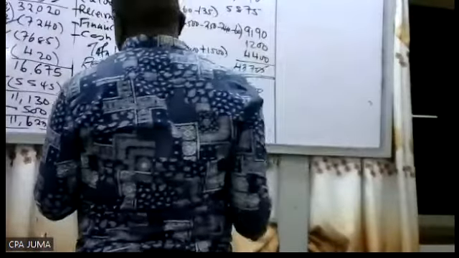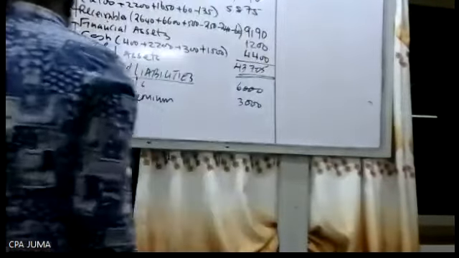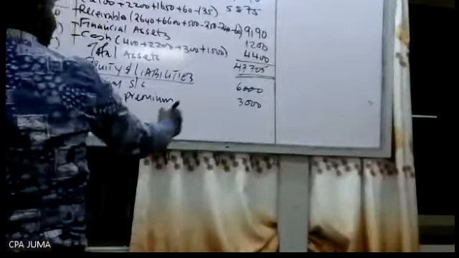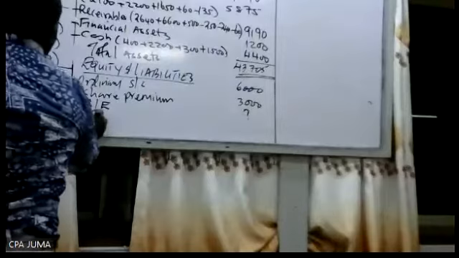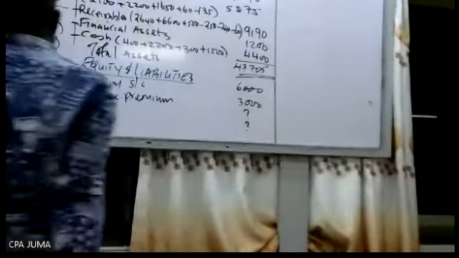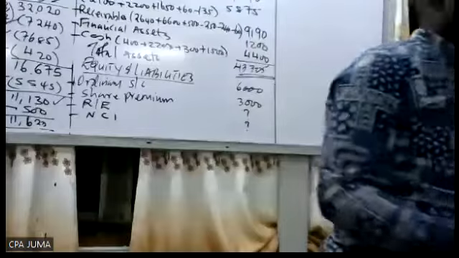How much? 3,000. Revenue reserve, which is the retained earnings. Story for another day. Non-controlling interest. When God gives us time, then there is something. You will see it in note 4. Check that note number 4.